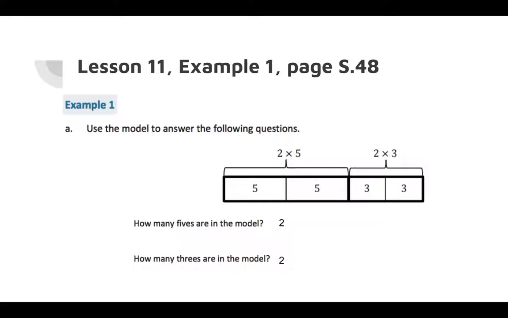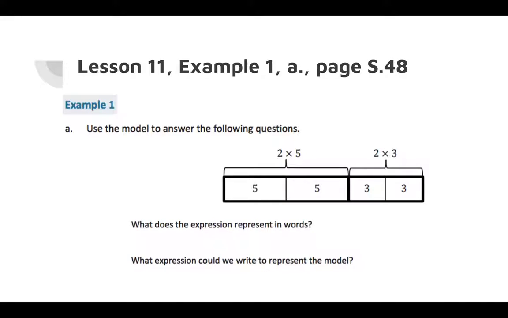Remember, even though I am talking you through this, make sure you're writing your answers down. Now, continuing on, what does the expression represent in words? Think about this. If you want to, pause this and see if you can write it on your own.